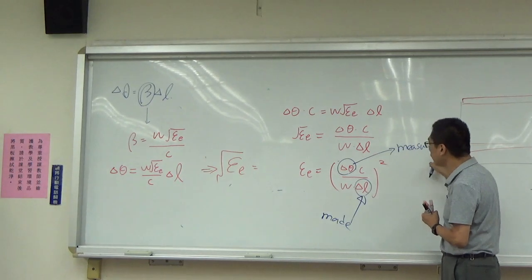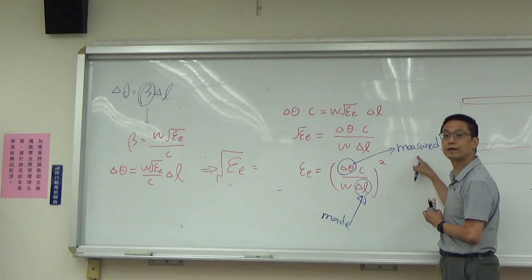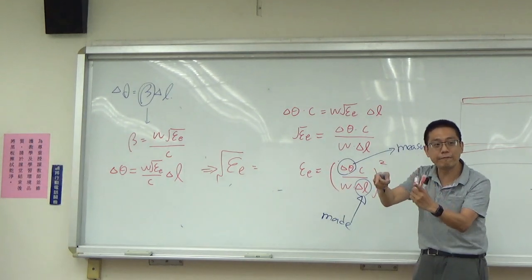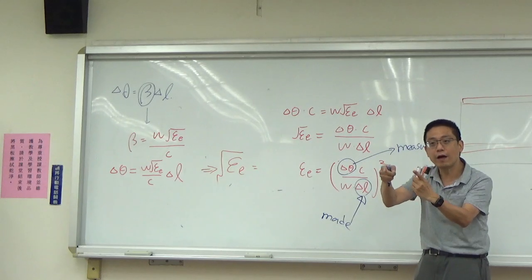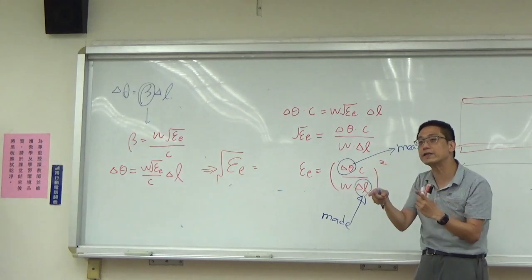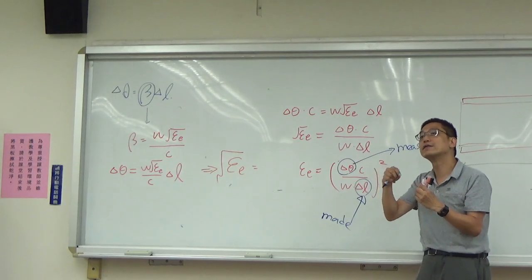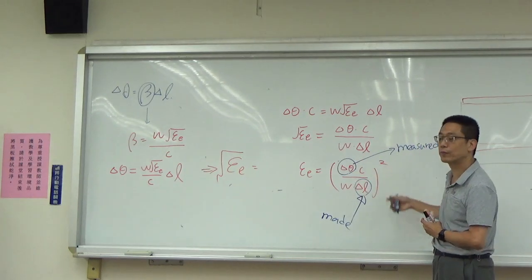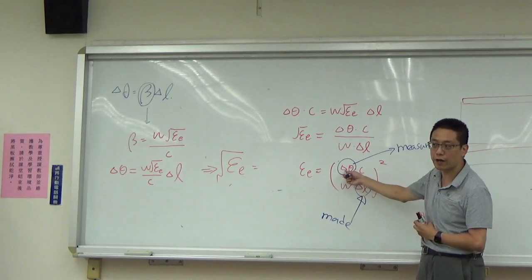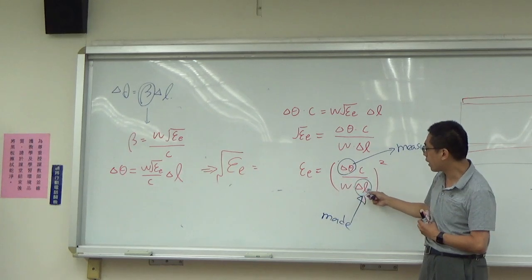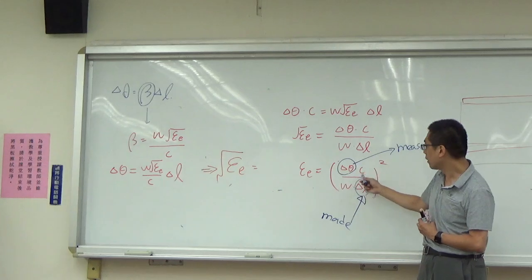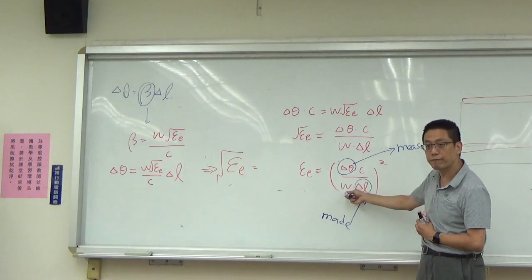I use the VNA to measure the phase of the first sample, then the phase of the second sample, and I subtract. I get the difference, so I measure delta theta. I have delta L. C is the speed of light. Omega is the frequency.